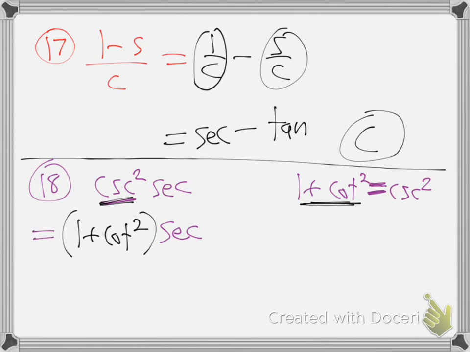And then distribute the secant. Just multiply it to both. Secant times 1 is secant, plus cotangent squared times secant.